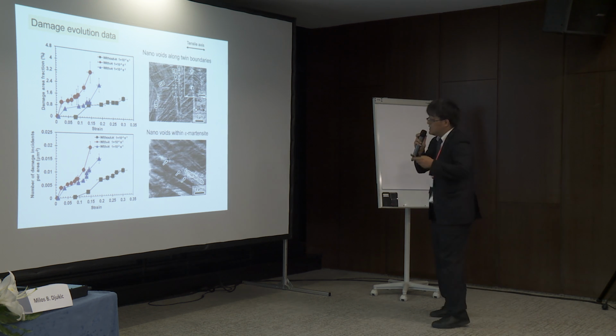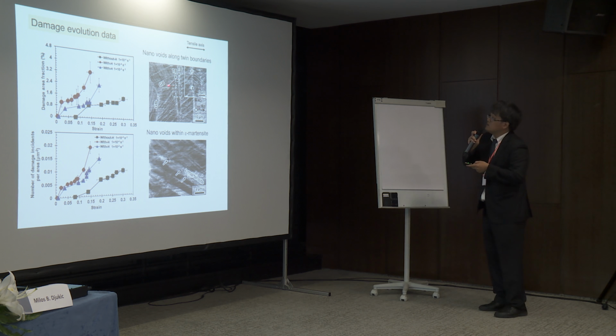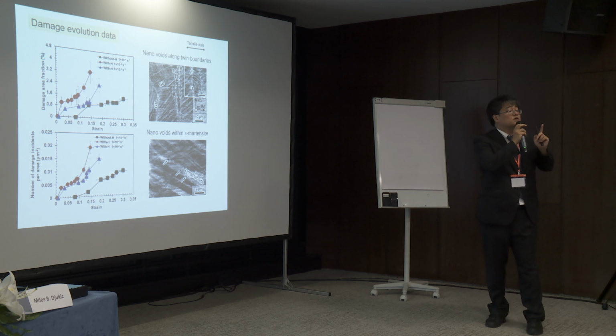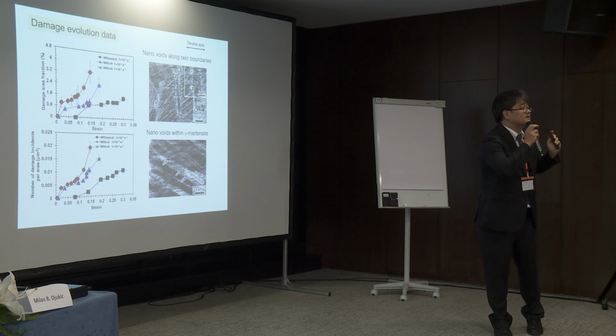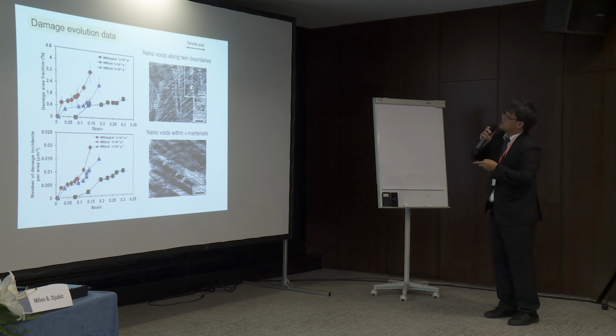Then the damage initiation sites were observed like this. As I mentioned, as in the case without hydrogen, interface martensite interaction is very important. Similar to the case without hydrogen, the hydrogen-charged specimen also showed a nanovoid along the twin boundary that impedes the epsilon martensite, also at the grain boundary, and within epsilon martensite.